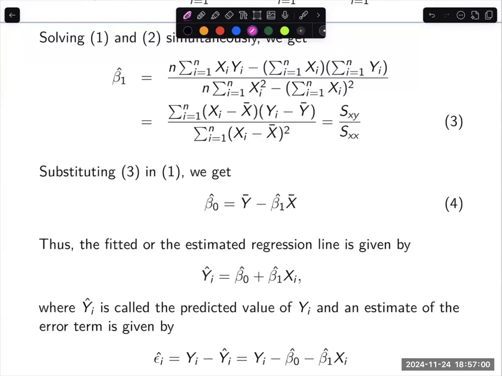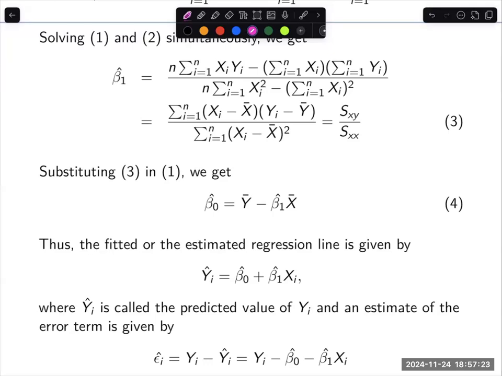By simplifying a little bit, we are going to see that it is no different than the ratio of two terms. In the denominator, we have the sum of xi minus x bar squared, basically the sum of squared deviations of xi from its own mean, or Sxx.